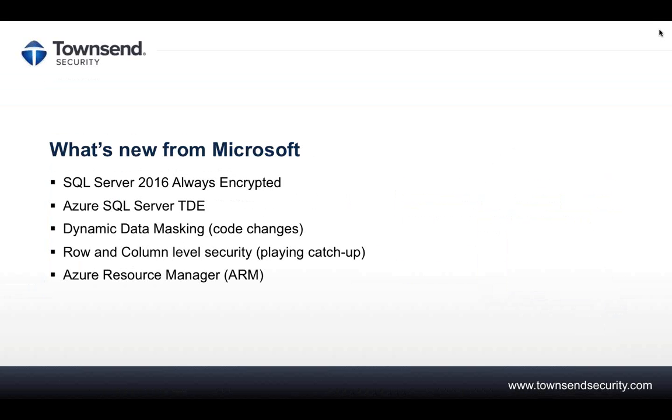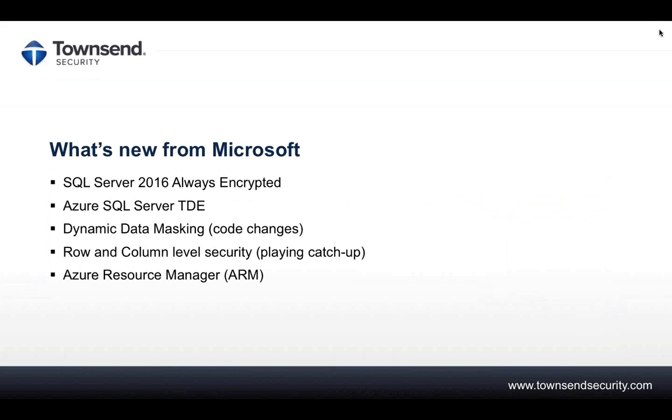Okay, let's jump in. One question I often get has to do with Always Encrypted. This is a new feature in SQL Server 2016, and it's a very interesting, creative approach to encryption of data in SQL Server.